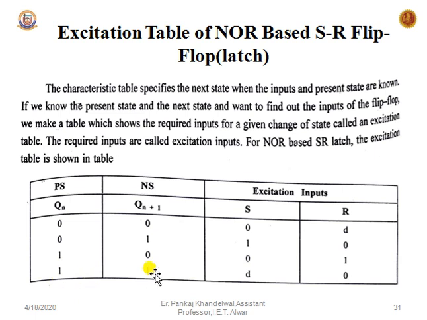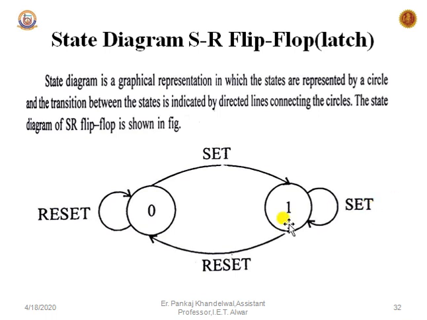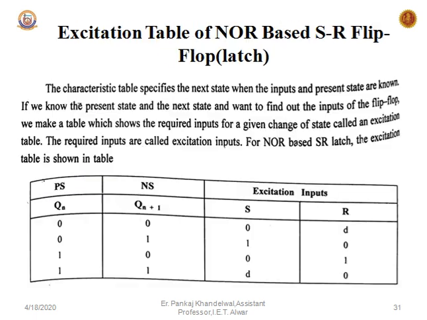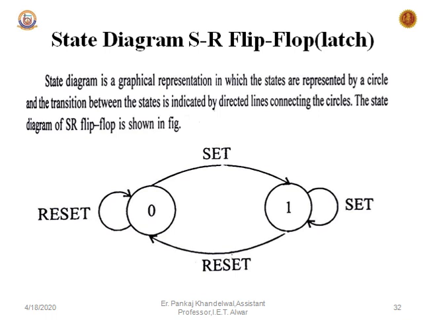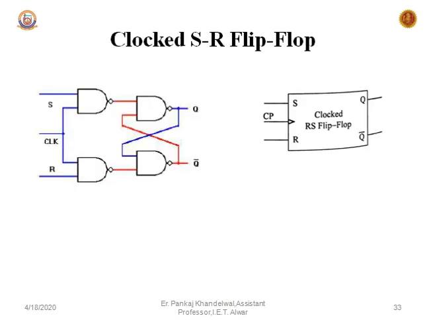When we go from 1 to 1, this can't be reset, but this can be set, so this condition is set. When we go from 1 to 0, this state can't be set, this state can be reset, so we put reset here.